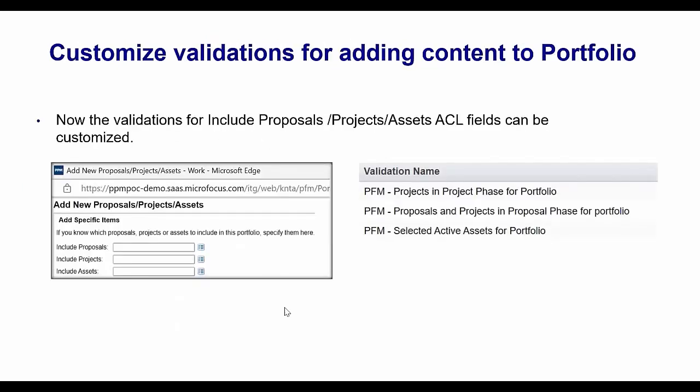And lastly, as you probably are very familiar, when you include proposal, projects or asset in the portfolio contents, you can use this autocomplete list. And if you want to customize this autocomplete list, these are the out of box validations behind this autocomplete list for each one of it.